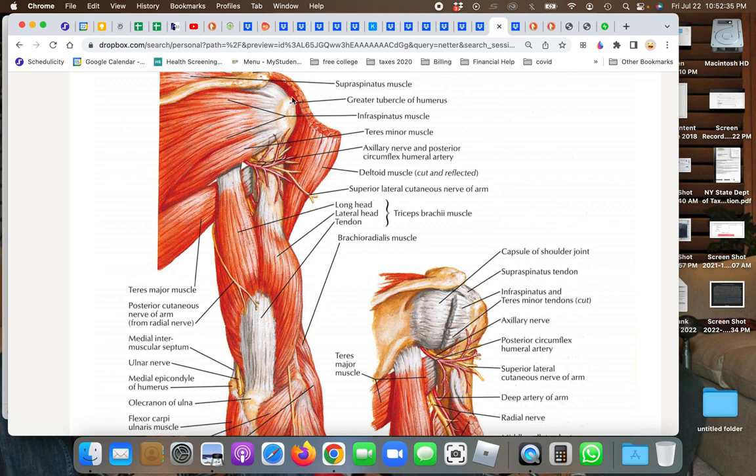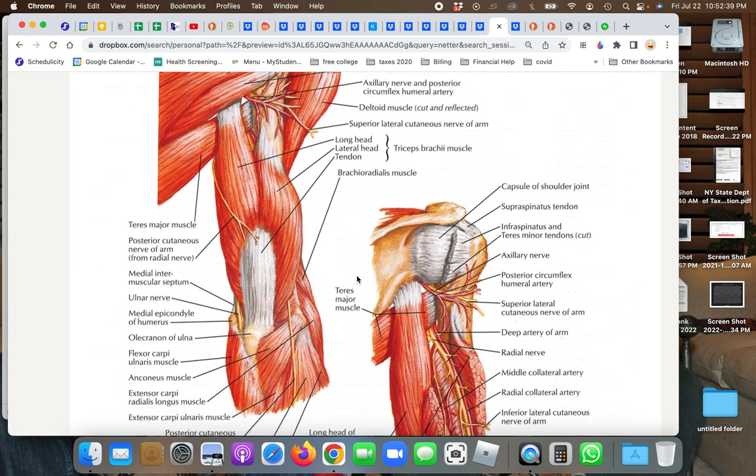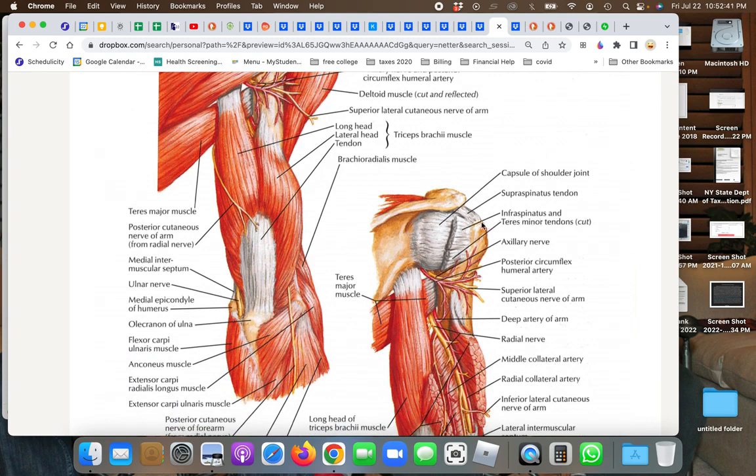And here's the greater tubercle, that's the bump, greater tubercle of the humerus. Here's the infraspinatus tendon. Down here is the teres minor. And here's the greater tubercle. It's not labeled. Notice here's the supraspinatus tendon. That'll become important a little bit later.